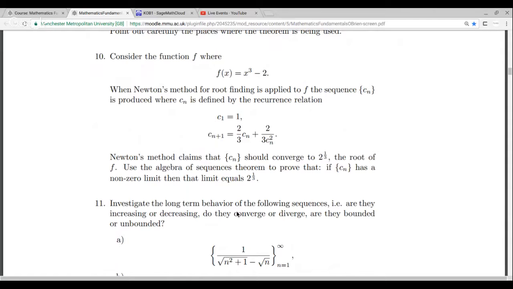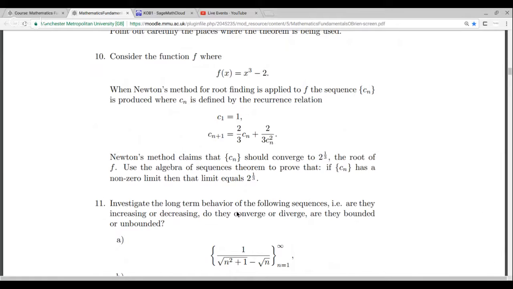And the way the argument goes, which is based on the algebra of limits theorem, is if we assume that the limit does exist, so if we assume that the limit as n goes to infinity of Cn is equal to C, okay? If we assume that the limit exists, and moreover, there's a few extra conditions here, we'll assume it's a non-zero limit.